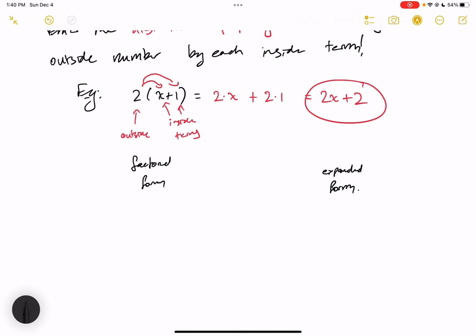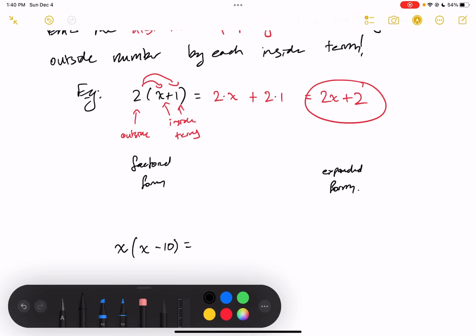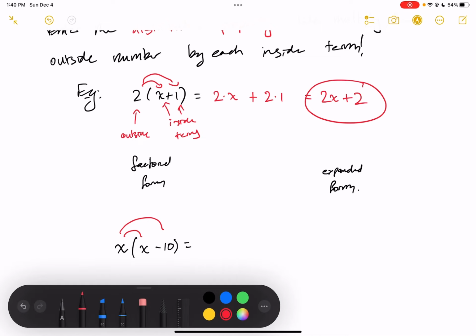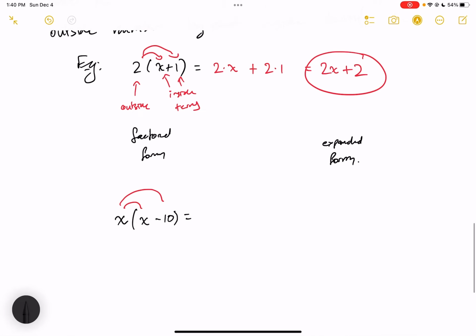The outside term doesn't necessarily have to be a number, or even just a positive number. We'll see that right now. I could have x on the outside, in the example, x into x minus 10. Same thing as before. It's often good practice to draw these little arcs, so you know exactly what you're multiplying. So here, we start off with doing x times x. x times x gives you just x squared, while x times 10 is 10x.